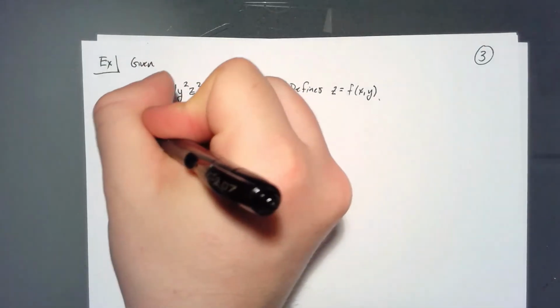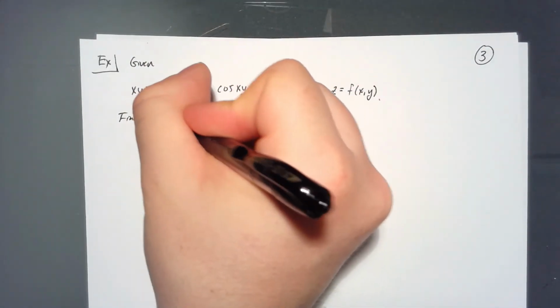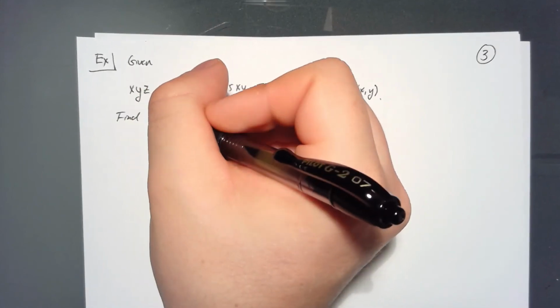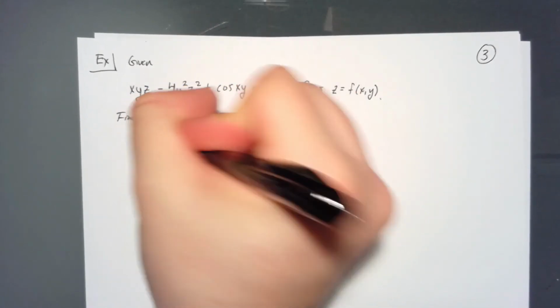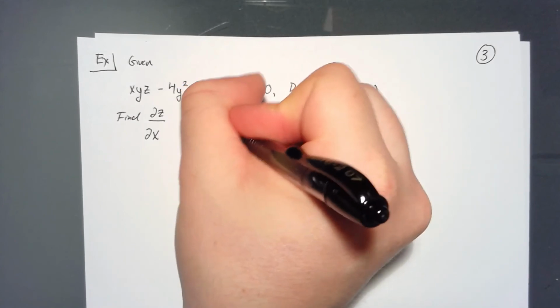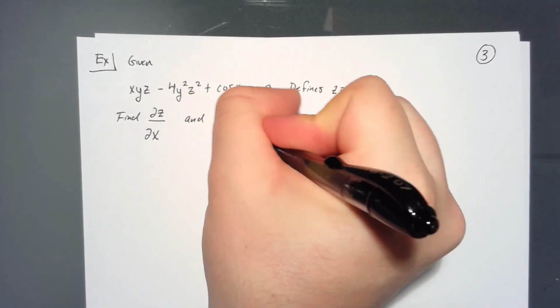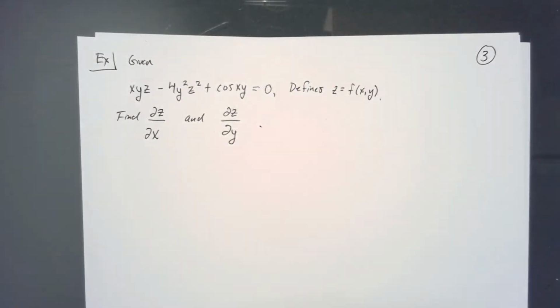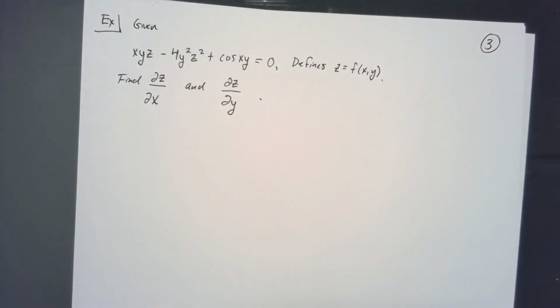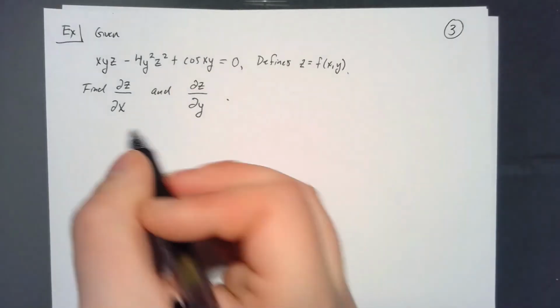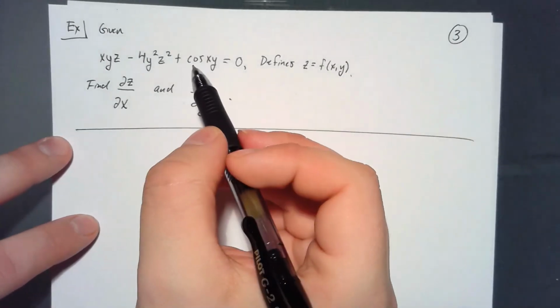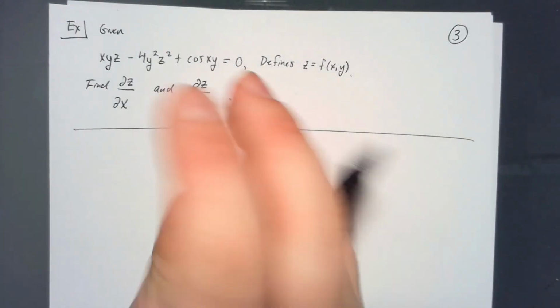Find the partial of z with respect to x and the partial of z with respect to y. So you could tell that this is an implicit function because it's all a bunch of variables all intertwined together.